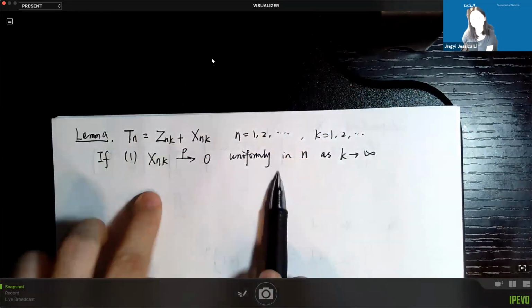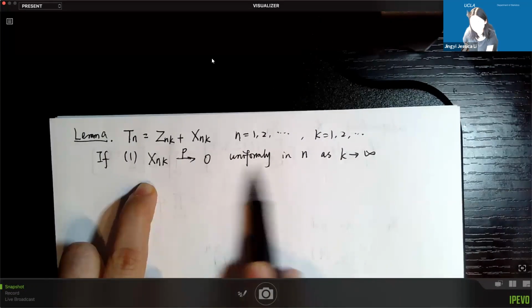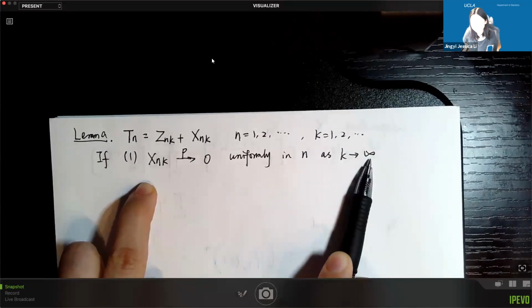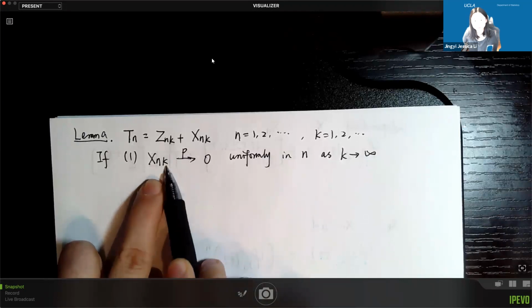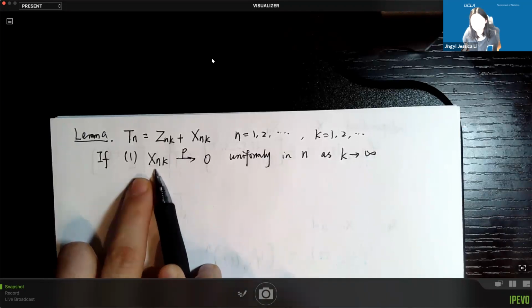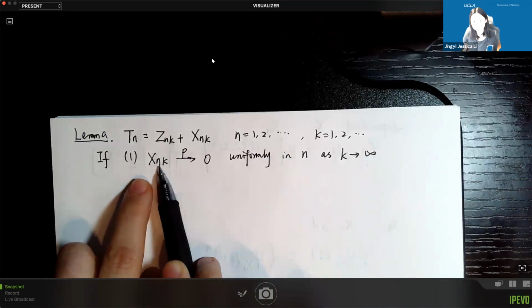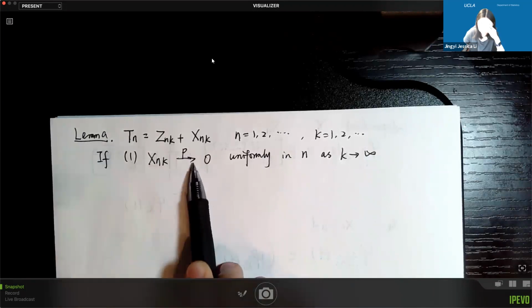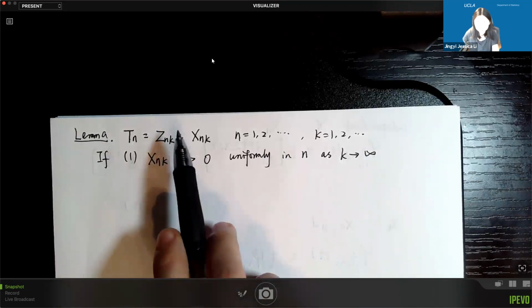Okay, what does this mean? This is similar to what we talked about for uniform convergence or uniform limit, right? Uniform convergence is applied here. So what this means is that when k goes to infinity, you just worry about k. Then regardless of n, this always goes to 0. If you think about the definition of convergence in probability, maybe I can write a little bit more.